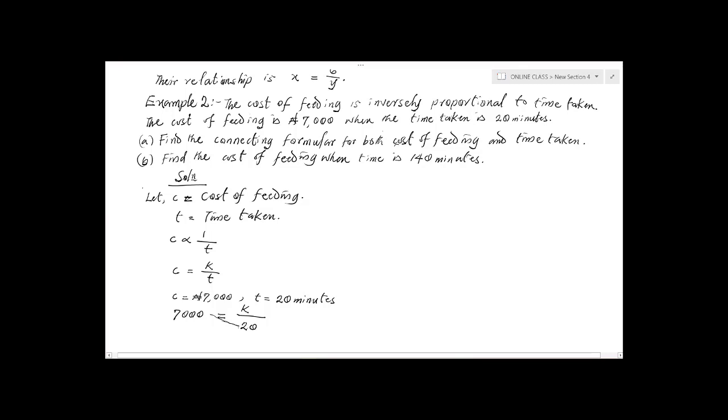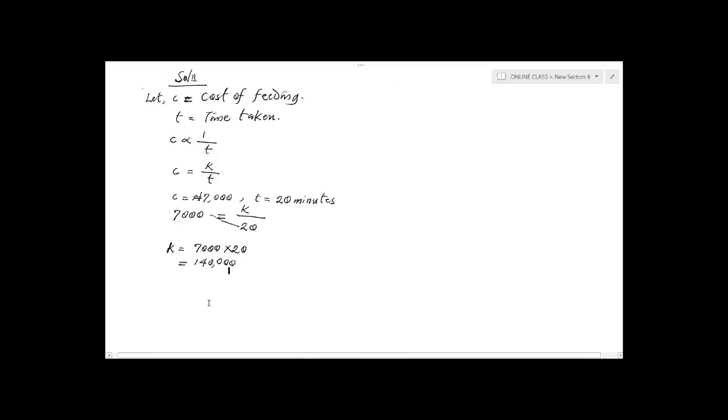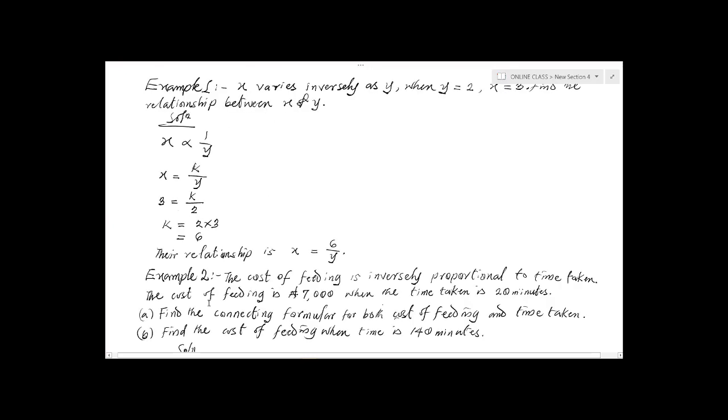K is equal to 7,000 times 20, and that's 140,000.